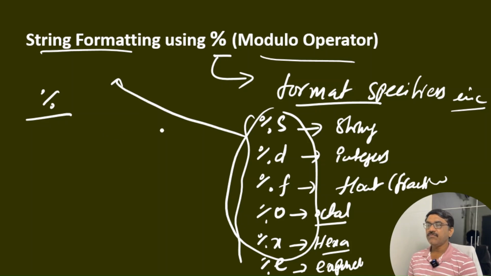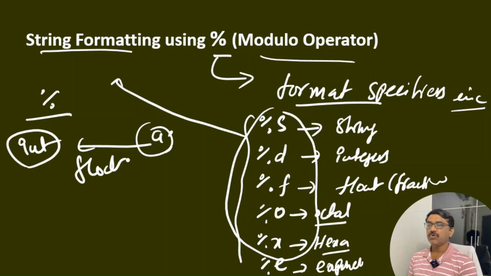For example, if we take a variable a of type integer, then a is an integer object. That means you are going to insert either an integer object, float object, or string object. These are objects having different natures, and we are going to insert those kinds of objects into the predefined string. That is what I mean.